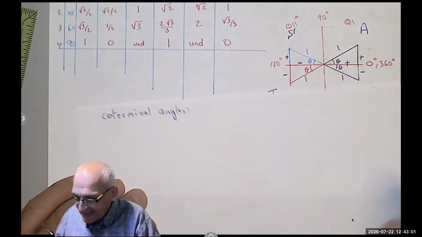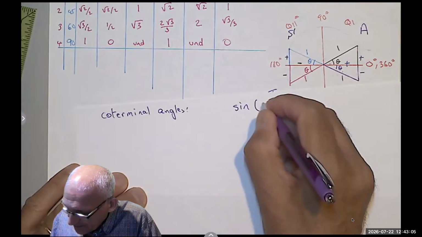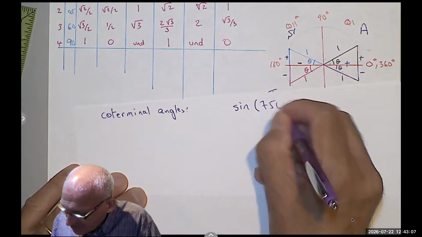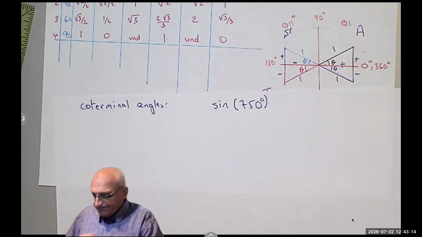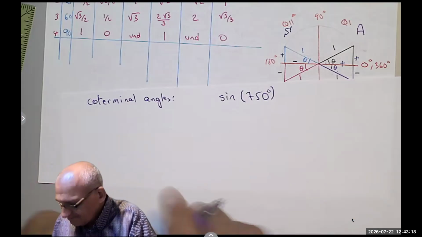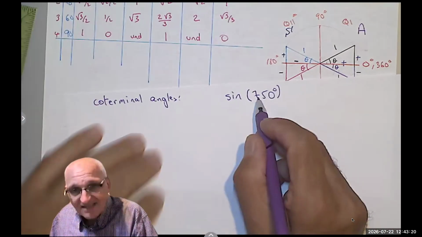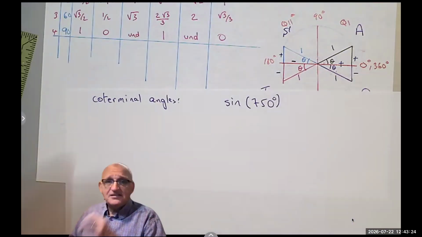Because if someone asks me, what is the sine of 750 degrees? I don't need to use a calculator. Why? Well, you can use it if you want. I take this 750 and divide it by 360.